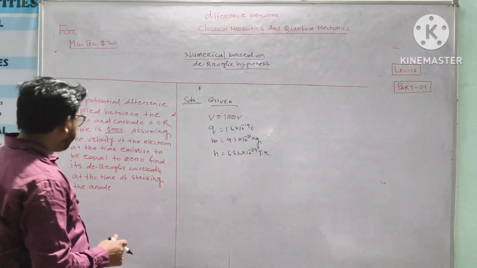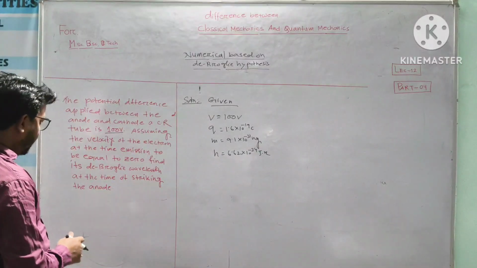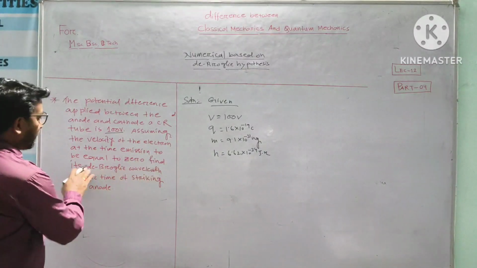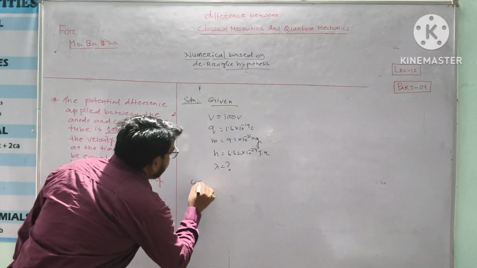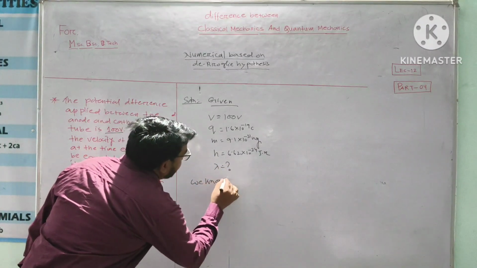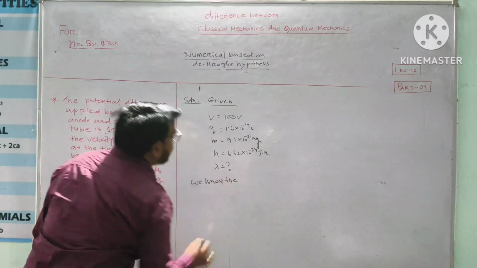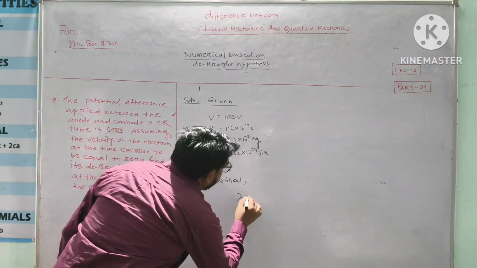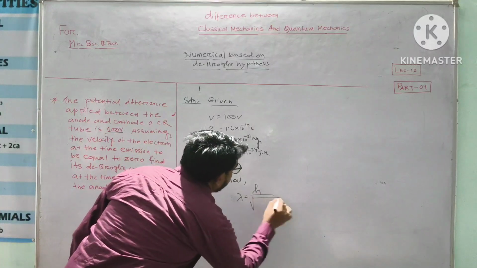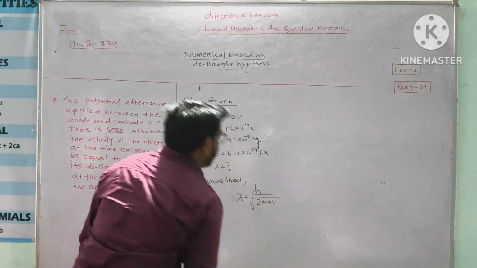Okay, and we have to find its de Broglie wavelength. Lambda equals what? So we know that by using the de Broglie wave equation in terms of voltage, lambda equals h by under root of 2mqV.